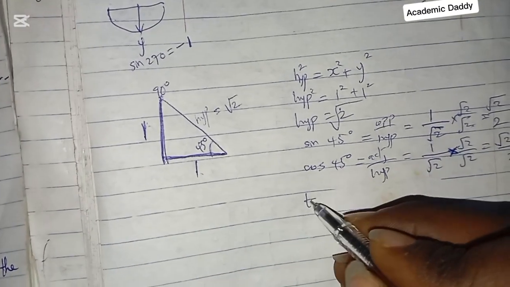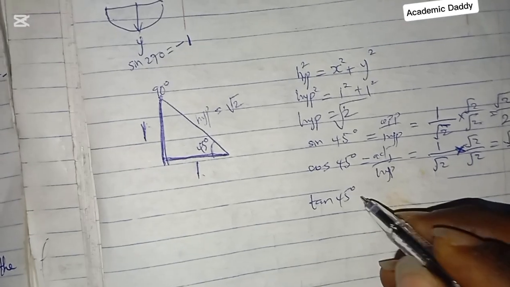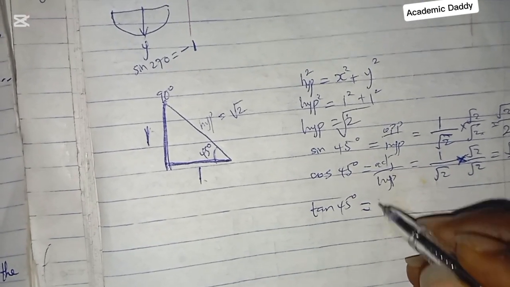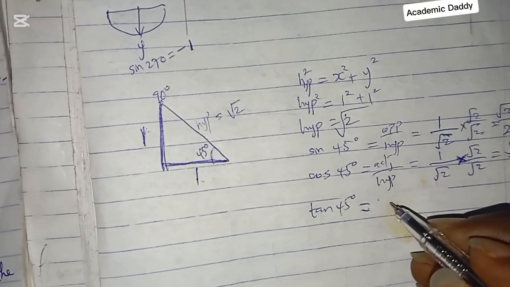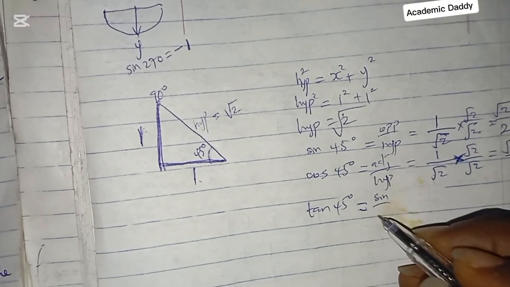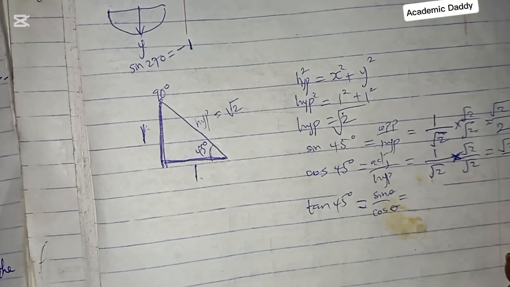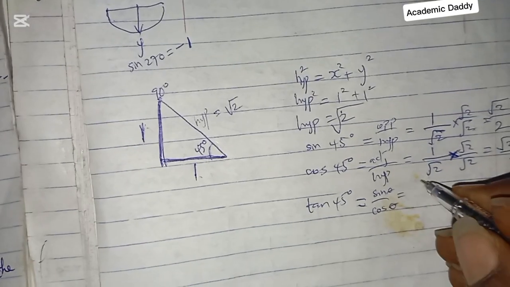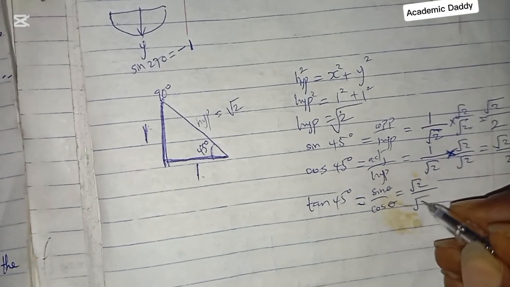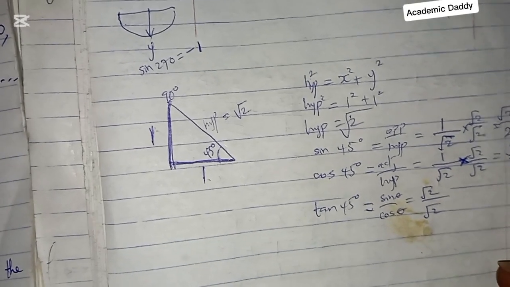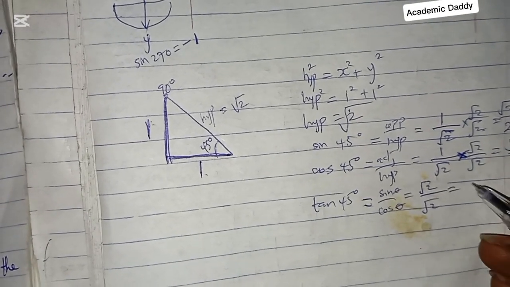While tan 45 degrees will simply be the same thing as saying numerator of sine over numerator of cos, or you say sine theta over cos theta. But me, I normally ignore the denominator. So this is the same thing as saying just carry root 2 all over root 2. Numerator sine, numerator cos. So this is going to give you 1.